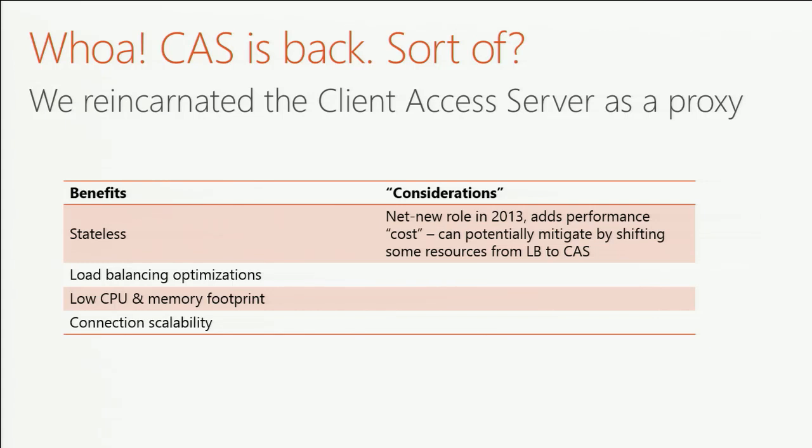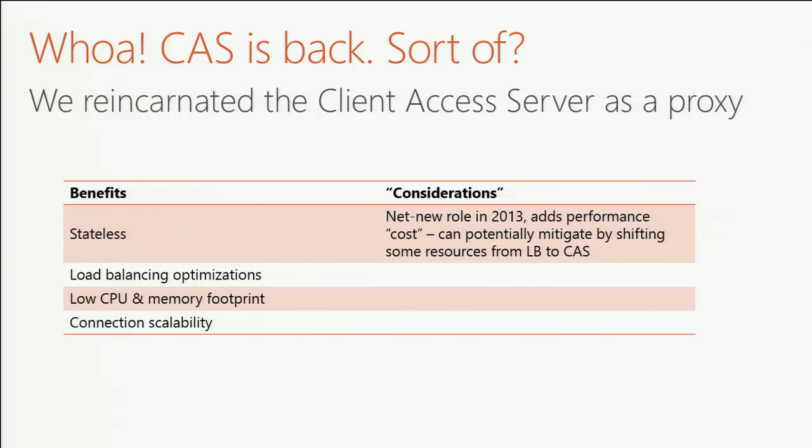In 2013, CAS is what's doing that. It's doing authentication, and it's making sure that connections get to the right place. But basically, that's all it's doing. So it has a very low resource footprint. It doesn't use a lot of resources.